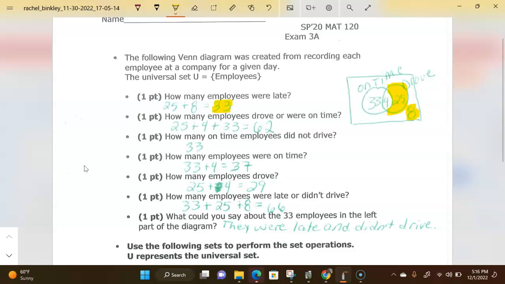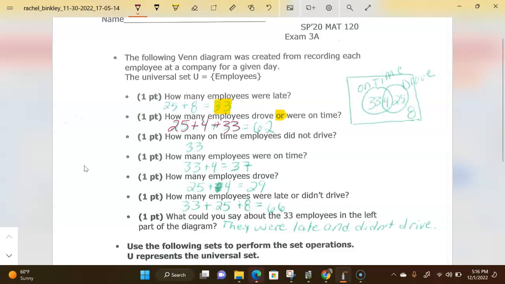How many employees drove or were on time? Sorry, y'all. How many employees drove or were on time? That "or" is important because that's going to be our union. So the employees who drove were 25 plus 4.